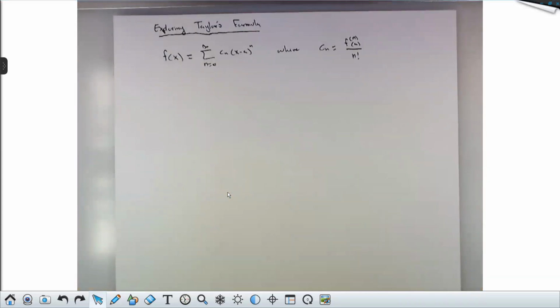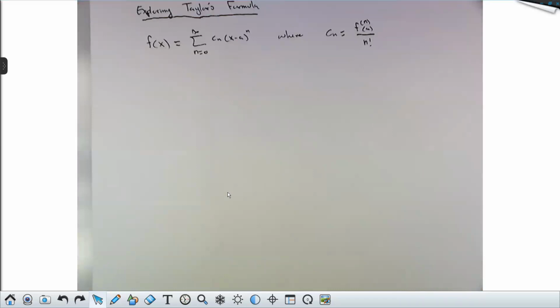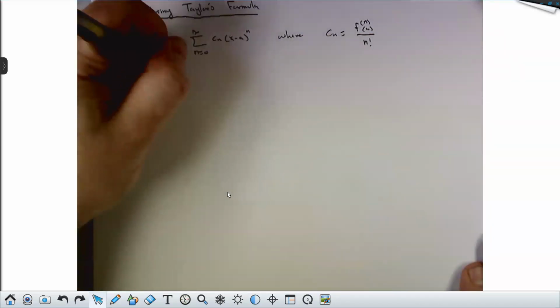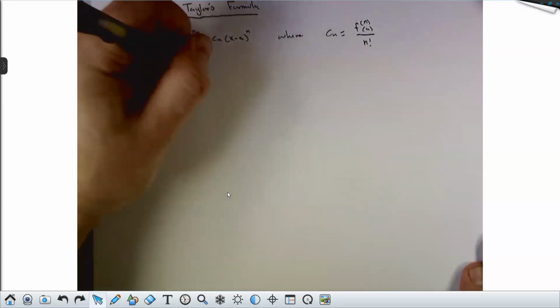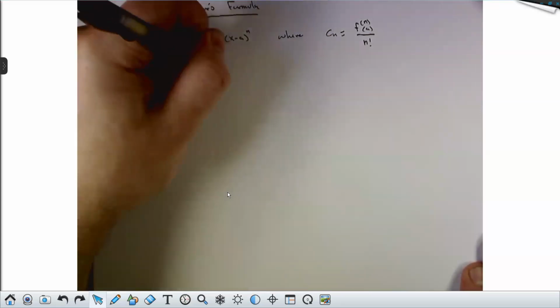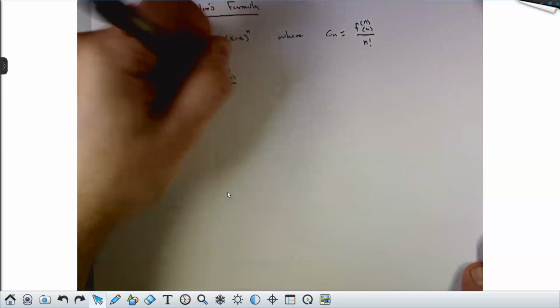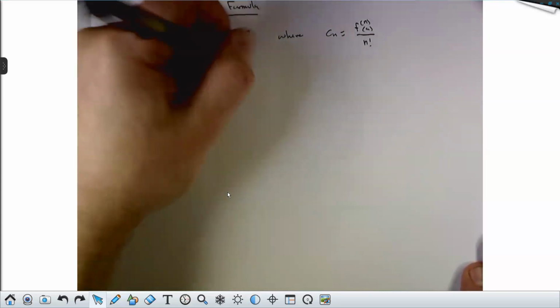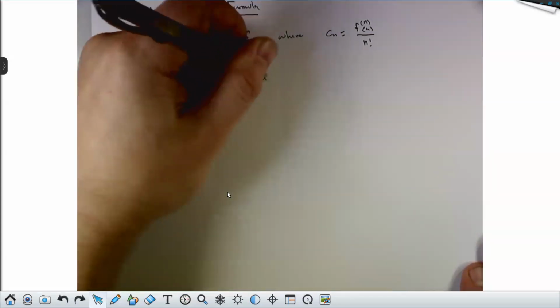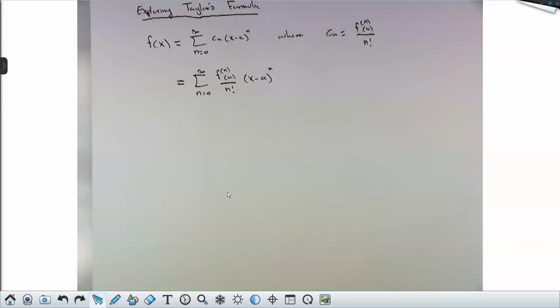That's the formula. If I plug in for those c_n's, this becomes sigma n from 0 to infinity f^(n) evaluated at a over n factorial times (x minus a) to the n.